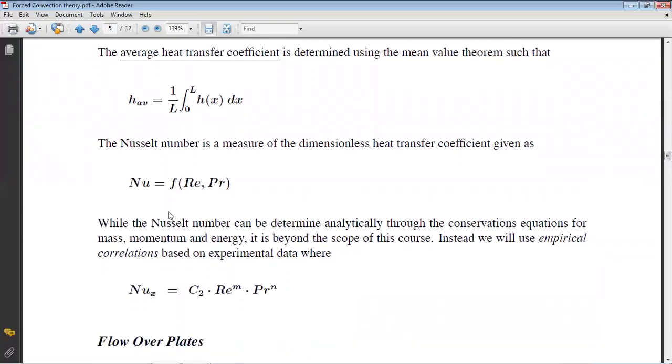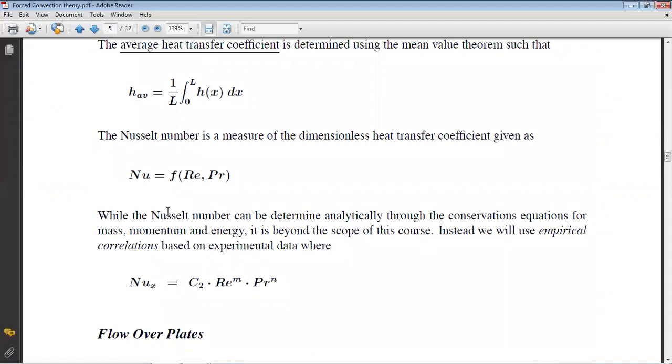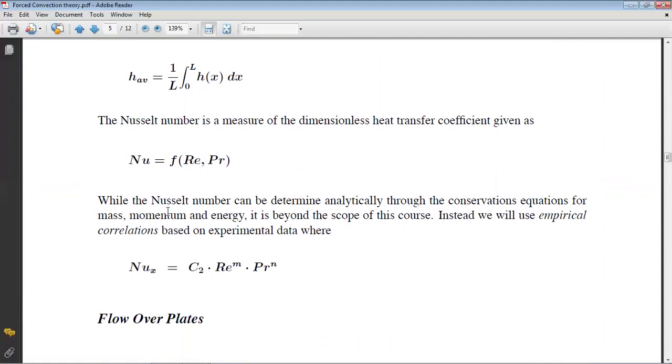Now we have discussed the empirical relations for Nusselt number, which is a local Nusselt number, some constant and the product of Reynolds number and Prandtl number to some powers.